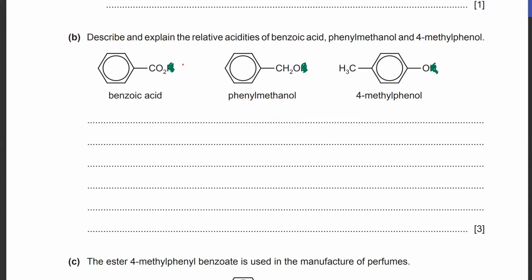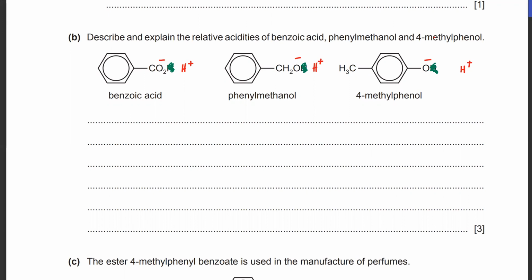Let's assume that all of the H+ ions are lost, and when the H+ leaves, the remaining ion becomes negatively charged. So you have a negative charge over here and an H+ over here. This first one is going to be the strongest.